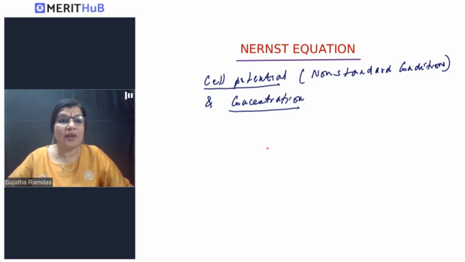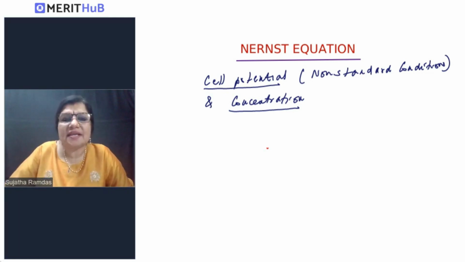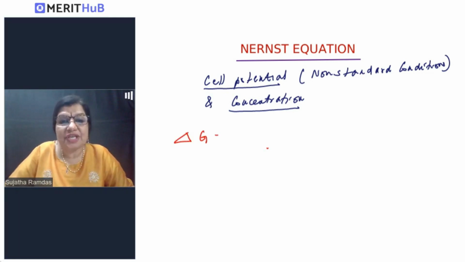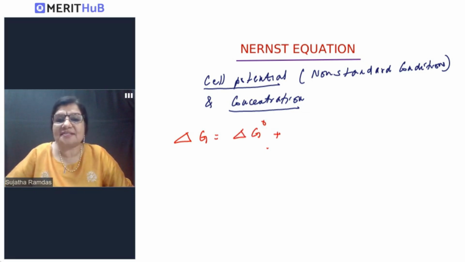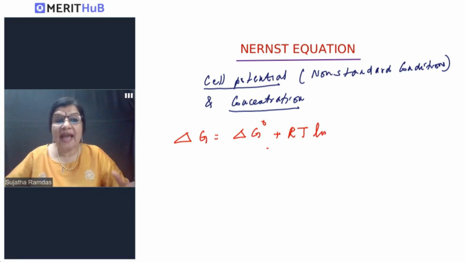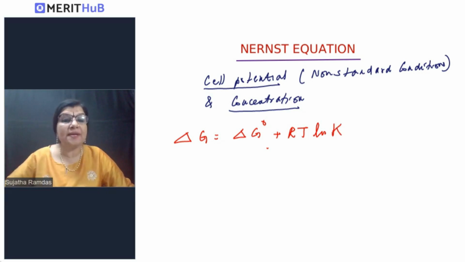Now, what is the equation that relates the free energy and the concentration? This is the equation. Delta G is equal to delta G naught plus RT ln. Now, you can have a system at equilibrium. You can have a system which is not at equilibrium. If the system is at equilibrium, we write ln K, where K stands for the equilibrium constant.